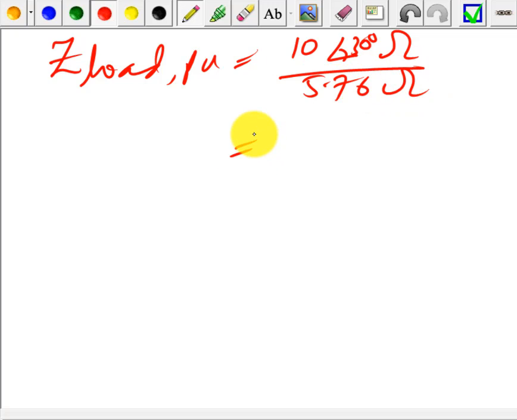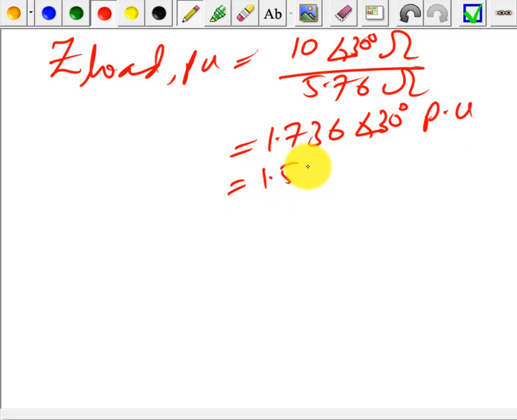Always remember that per unit has no unit, as we have discussed earlier. So that will be equal to 1.736 with the angle of 30 degree PU, or that will be 1.503 plus j0.868 PU. So this was the second part.